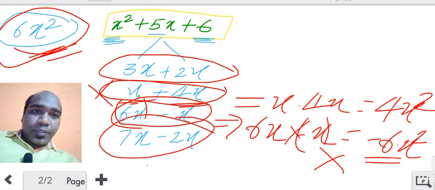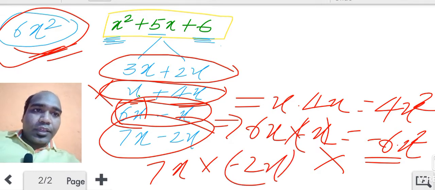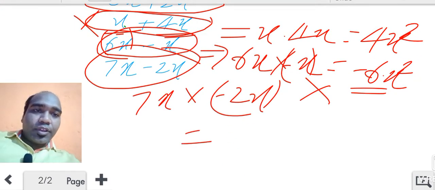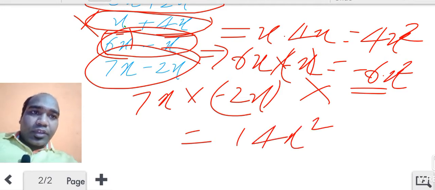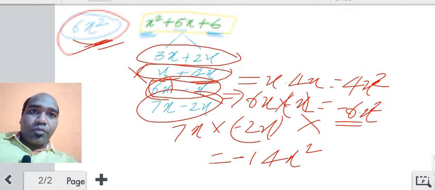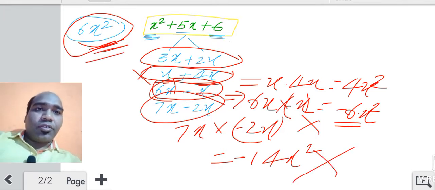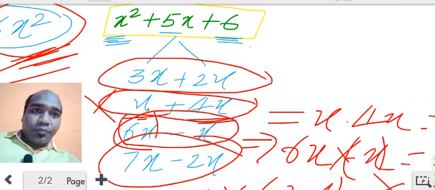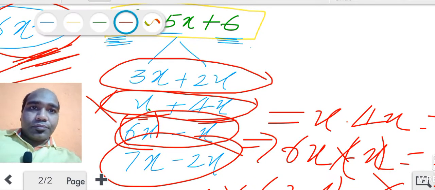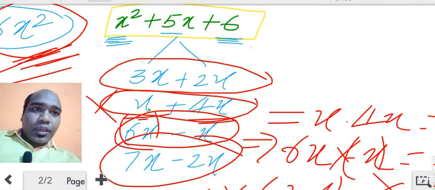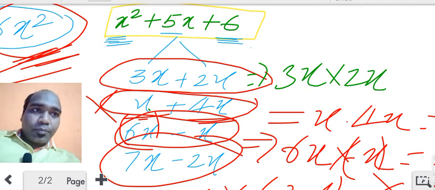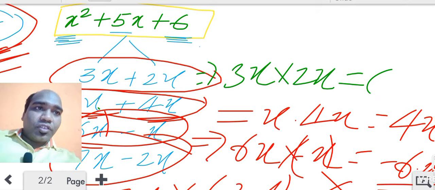Now 7x into minus 2x, if we multiply, how much will we get? 7 into 2 is 14, so minus 14x square. Are we getting 6x square? No. So this expression also we cannot use. But look here, 3x into 2x, how much will we get? 3 into 2 is 6 and x into x, 6x square.